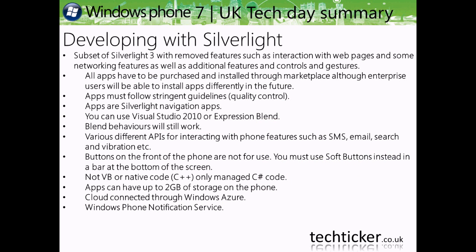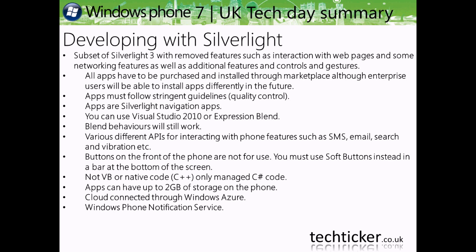So, developing with Silverlight. The version of Silverlight found on Windows Phone 7 is a subset of Silverlight 3 with removed features. For example, the in-browser version of Silverlight 3 can interact with components in web pages. Obviously this has been removed as the apps aren't running in a browser. However, there will be some slightly different controls, features and gestures.